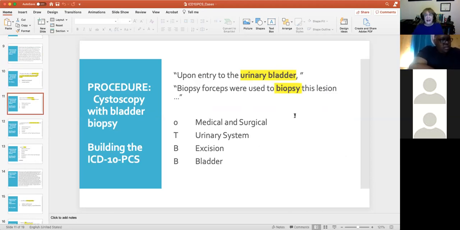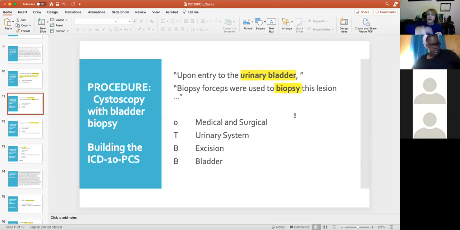All right, and next we have to figure out what the root operation term was. And this goes to a word that maybe you should be familiar with, which is biopsy. Now, there is no root operation term biopsy in ICD-10-PCS, but a biopsy means to take a little piece, a specimen of tissue or organ, and in PCS, to take a little piece of part of an organ is an excision.